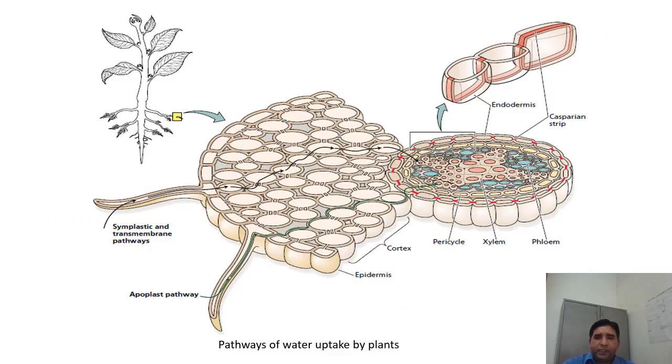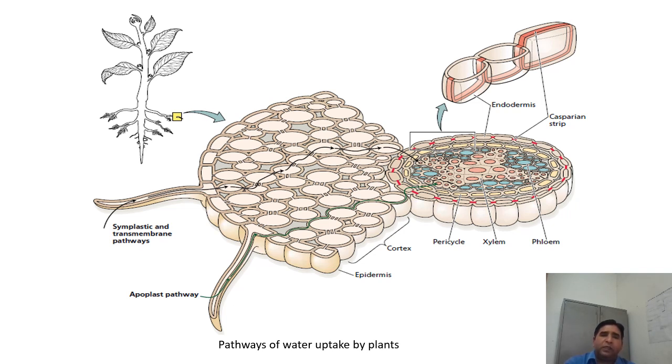In this picture we can see the path of water movement inside the root. The water enters the root from root hairs, and there are two ways: one is the apoplastic pathway, another is the symplastic pathway. Through the apoplastic pathway, the water moves through the cell walls of the cells and does not enter into the live cell.